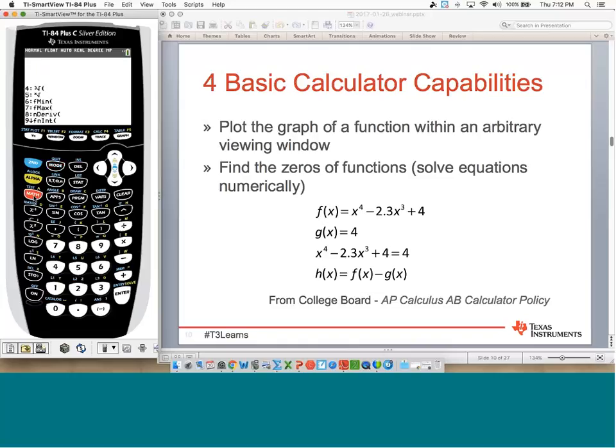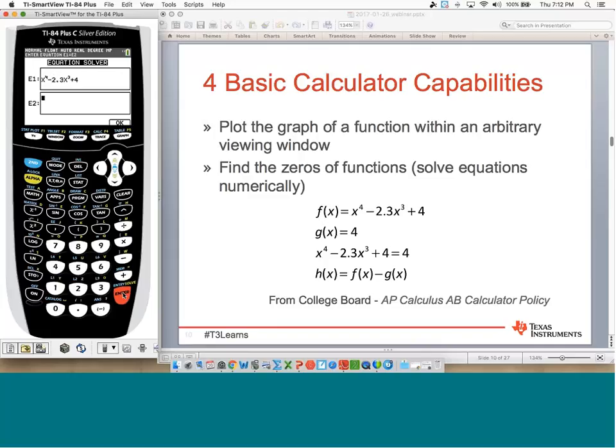And if I go under math, and if you don't know this is here, even for any algebra or pre-calculus teacher, you need to know it's here. There is a solver in the 84. And if I choose solver, I can give it my two functions that I want to set equal to each other. And the calculator, without even doing any work, will solve these numerically also.